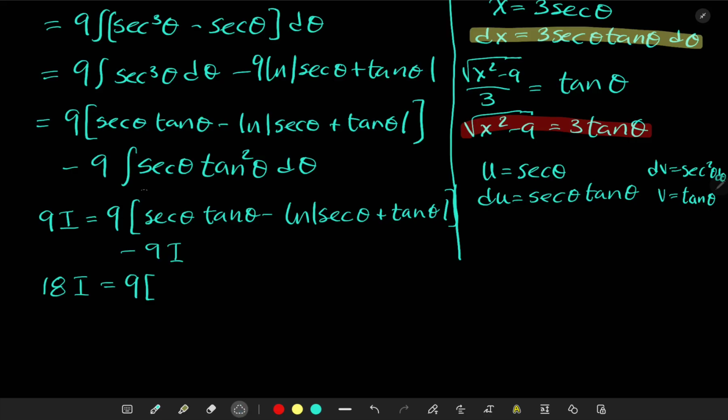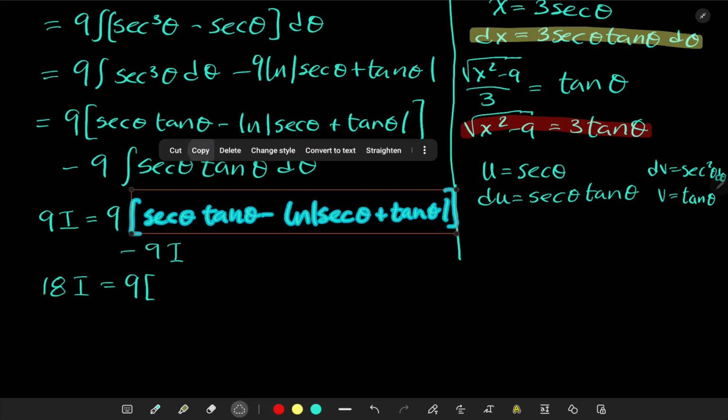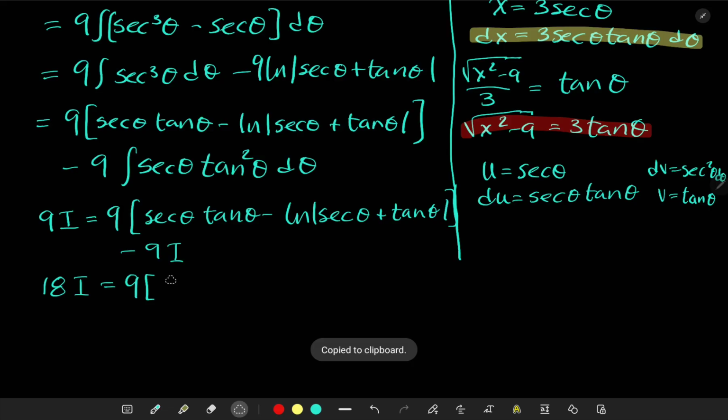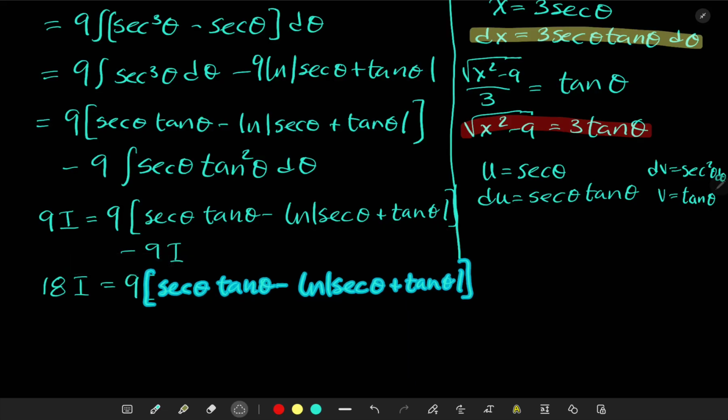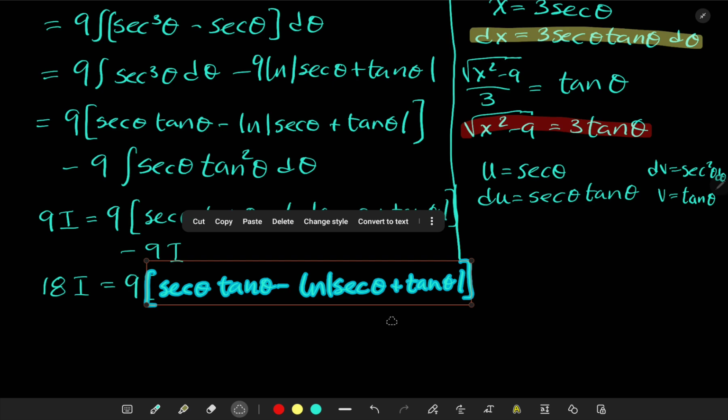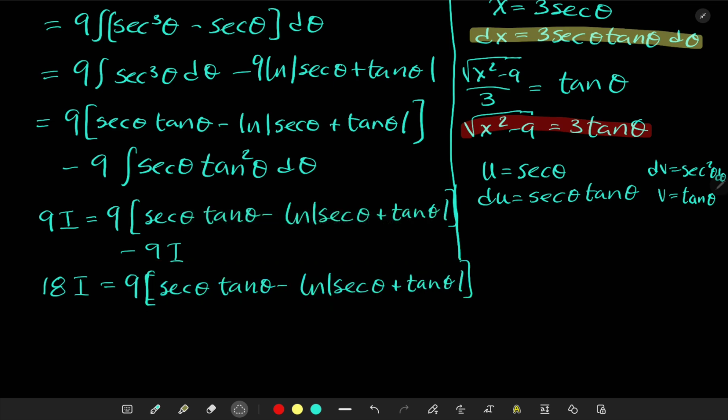Let's see if I can copy paste it in, let's paste it here. Oh, I got the bracket. Oh well, I copied more than I wanted. So I can divide on both sides by 18.